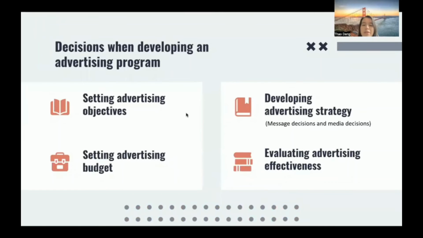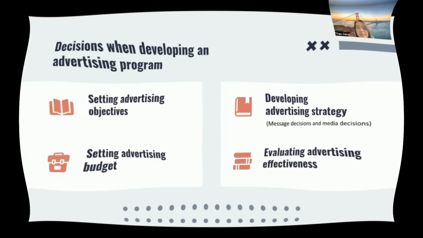Marketing management must make four important decisions when developing an advertising program: setting advertising objectives, setting the advertising budget, developing advertising strategy, including message decisions and media decisions, and evaluating advertising effectiveness.